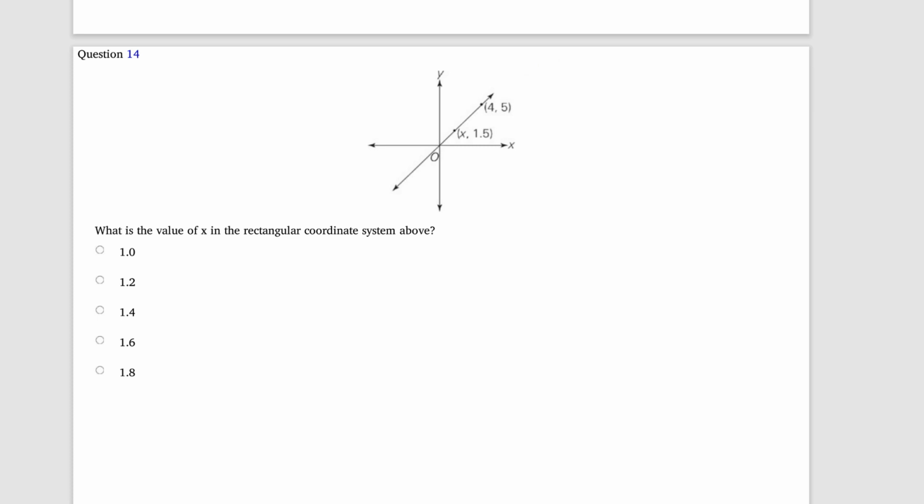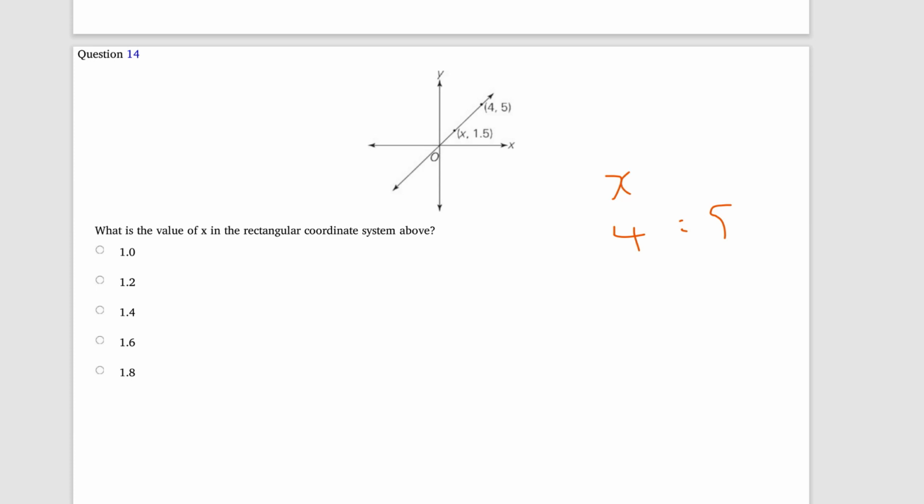What is the value of x in the rectangular coordinate system? Well, this is an interesting one. The way I would do this is, like in a previous question, the ratio has to be balanced. Do you remember that question where it went through 0, 0? The same thing applies here: to get from 0 to 4, 5, the x-coordinate and the y-coordinate were in the ratio 4 to 5.